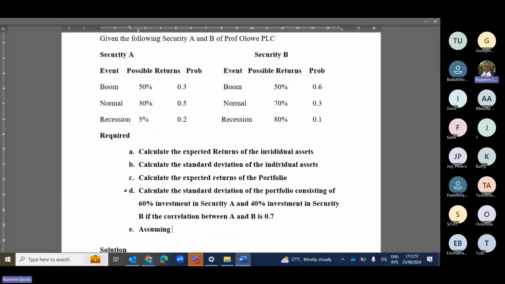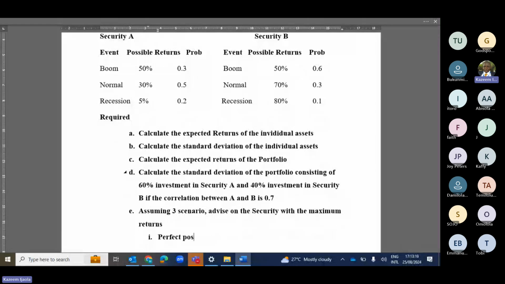So assuming three scenarios, advice on the security with the maximum returns. So we have perfect positive correlation.